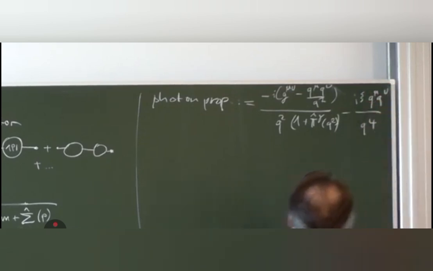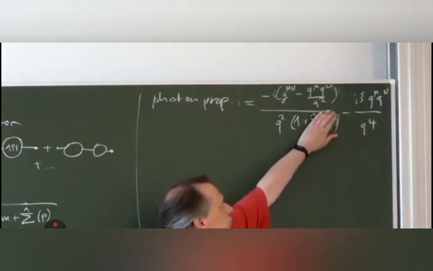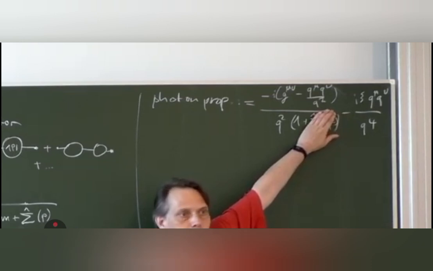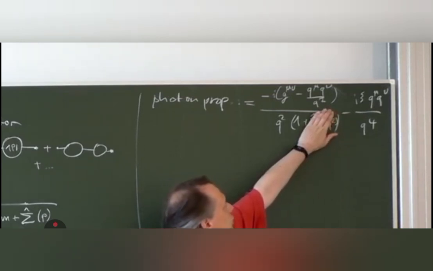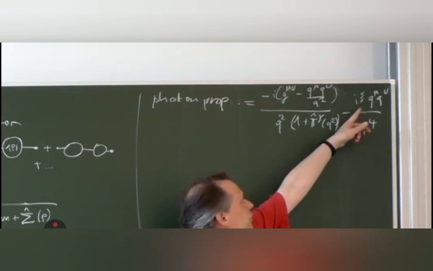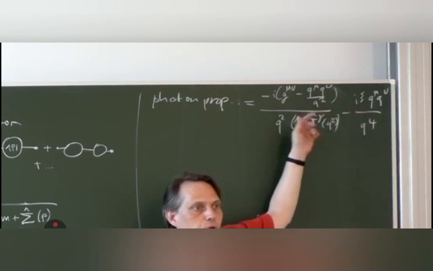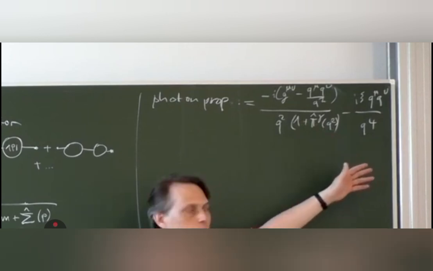Okay, so let's first forget about the π. If you remove the π, then we have the tree-level photon propagator, and it has a transverse part and a longitudinal part, and for ψ equal 1, the longitudinal part cancels, and we only have g^{μν} in the numerator.